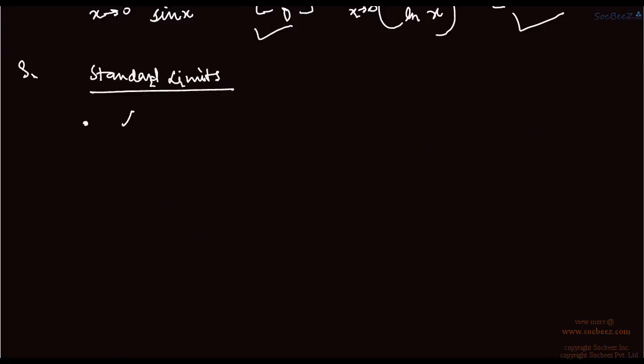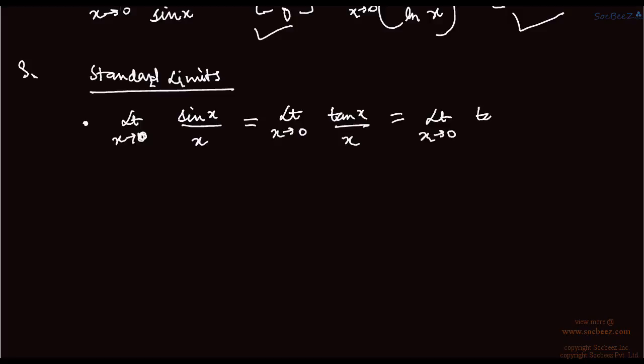The first of them is limit x tending to 0 of sin x by x, equal to limit x tending to 0 of tan x by x, equal to limit x tending to 0 of tan inverse x by x, equal to limit x tending to 0 of sin inverse x by x, because these are similar functions.